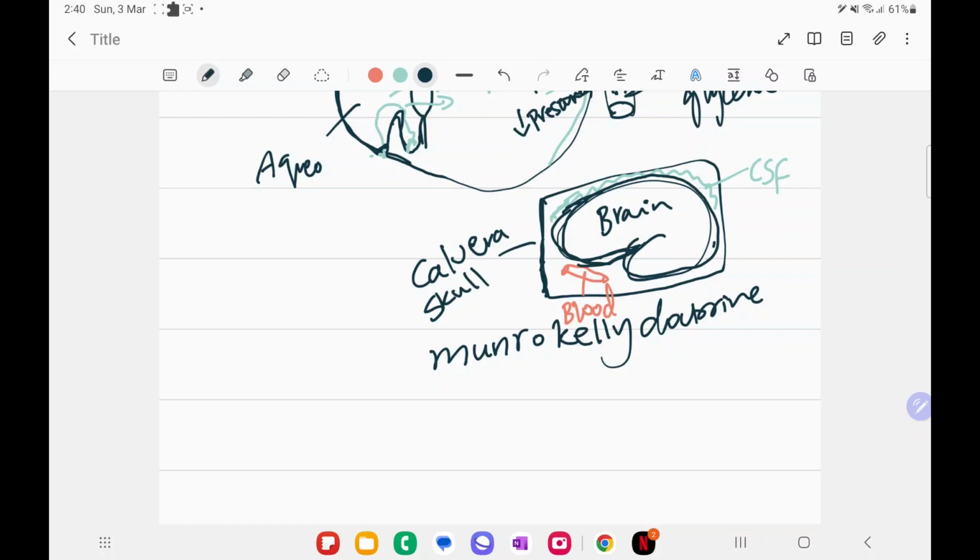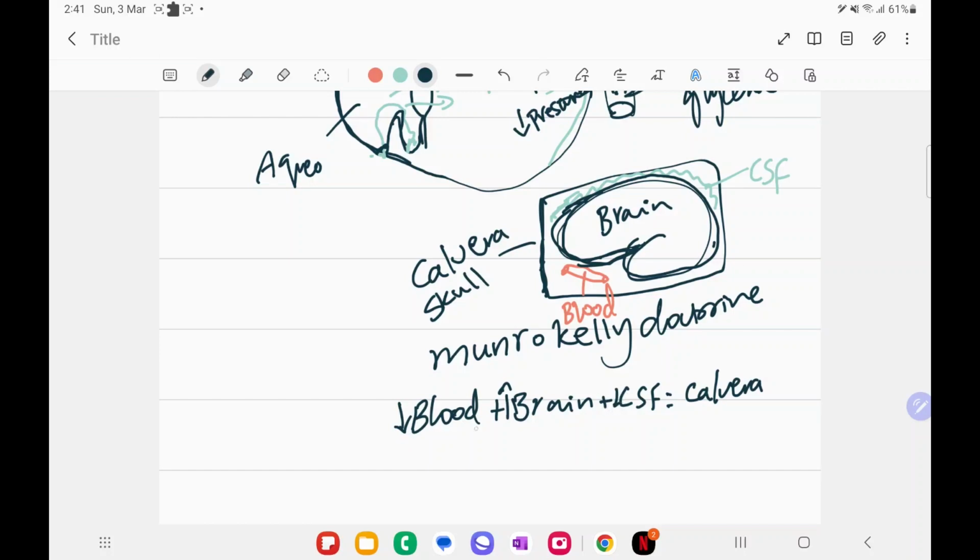So these fluids are non-compressible, so the volume of the blood, the brain, and the CSF is all constant. It is going to be the volume of the calvera. And if supposing one of these increases, let's say the brain starts to swell up, then this could be dangerous. The blood vessels have to get squeezed, and the cerebrospinal fluid also can get squeezed.